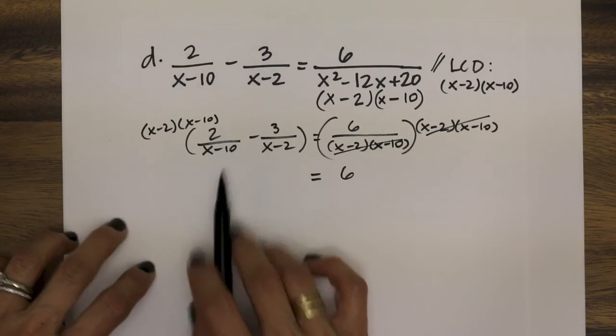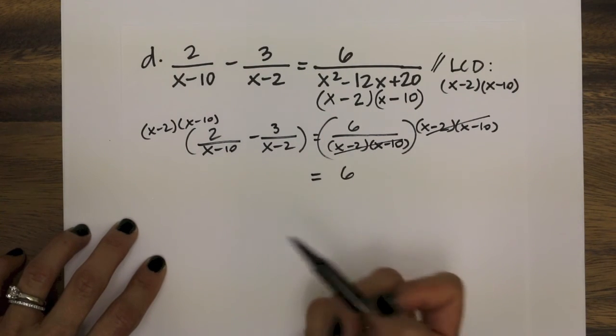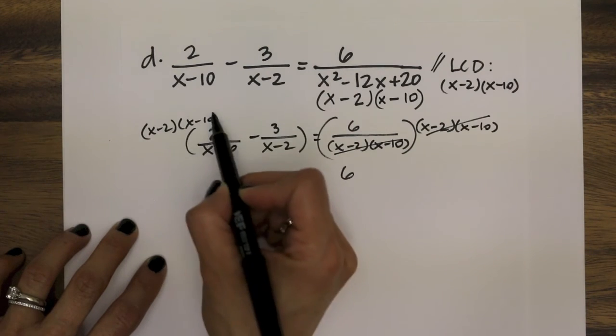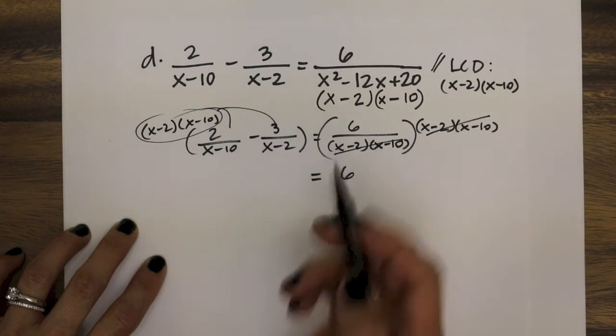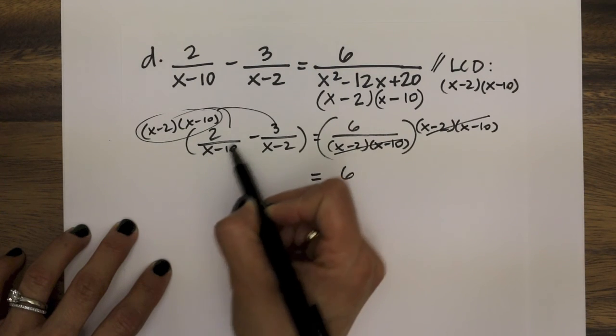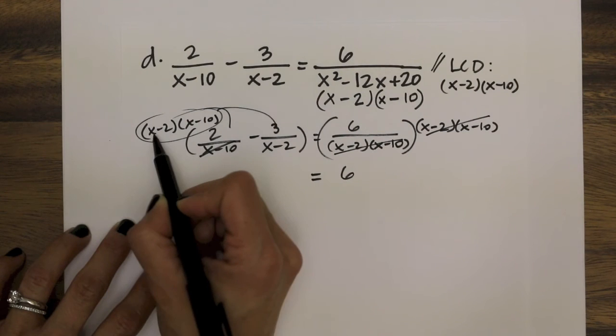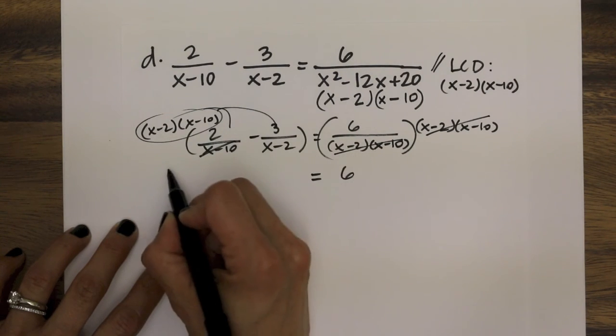But on this side, we have to be really careful because there's 2 fractions. Again, it happens to be a minus this time. So when you distribute this to both fractions, on this fraction, you can see that x minus 10 will cancel with that x minus 10, leaving just 2 times the quantity x minus 2.